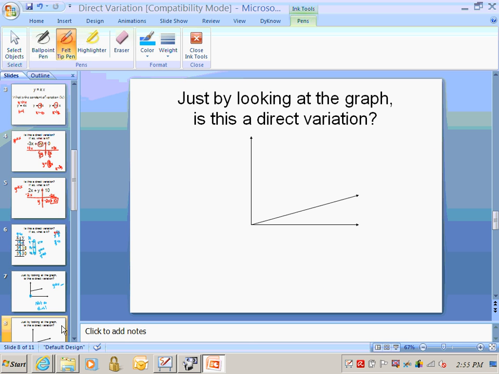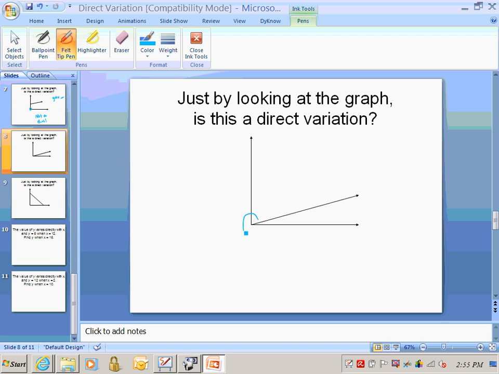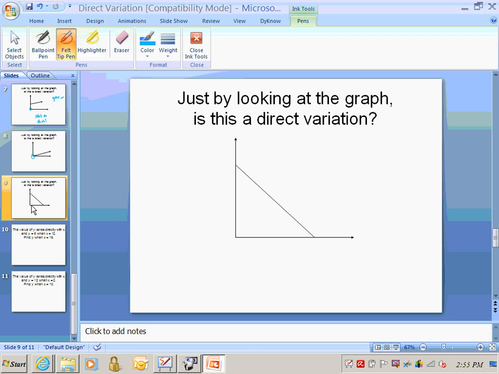Let's look at the next one. Is this a direct variation? Yes. It runs through the origin. So yes, it is going to be a direct variation. How about this one? No, because it does not run through the origin. It is not a direct variation.